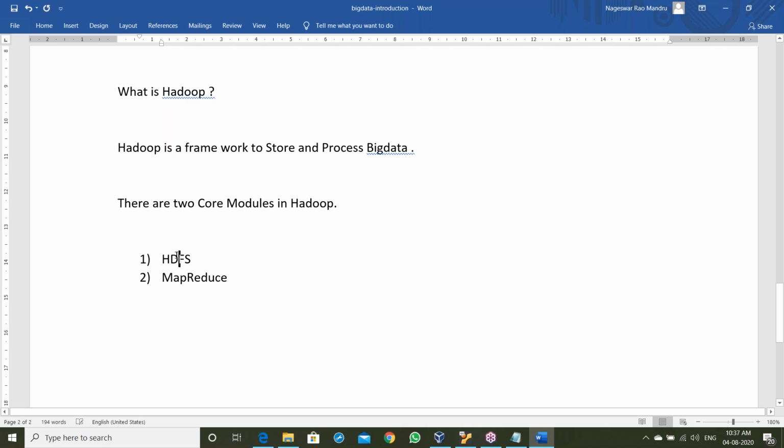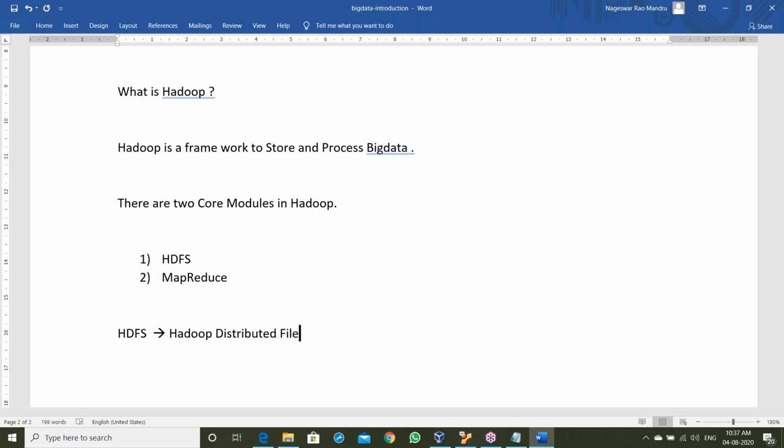What is HDFS? What is MapReduce? Let us see about HDFS first.